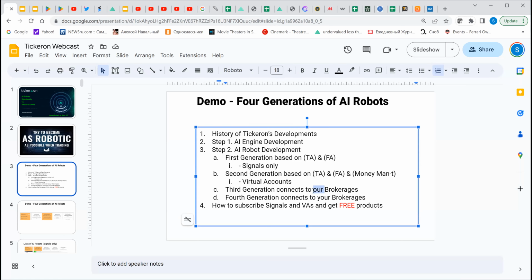What it means is we have our brokerage accounts, where we're testing the technology of the connection, and the third generation connects to your brokerage accounts as a result of that previous step.